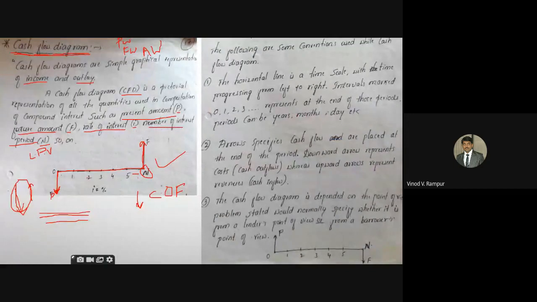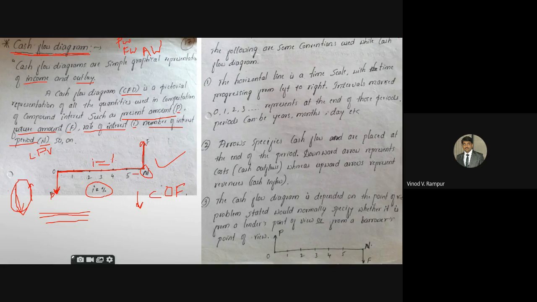N is equal to x indicates the horizontal line. Then I in percentage we have to write down here. This is the cash flow diagram. You have to draw it like this.